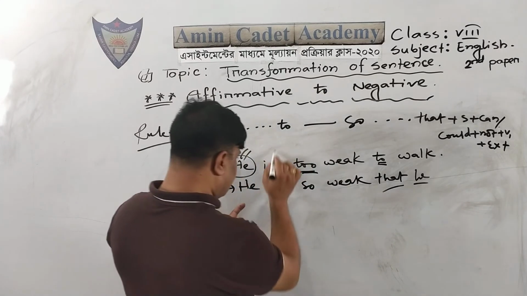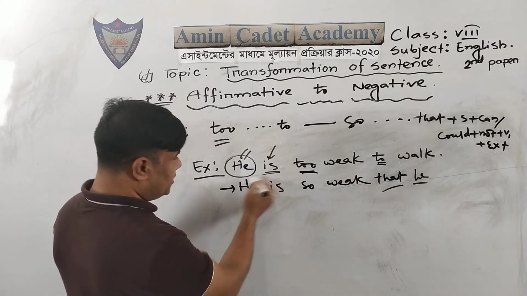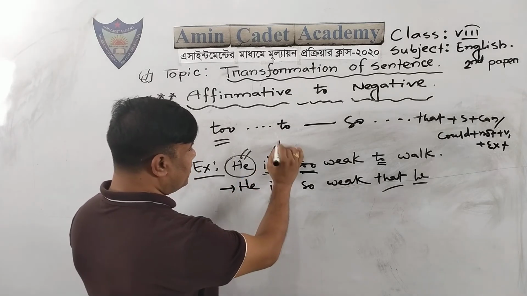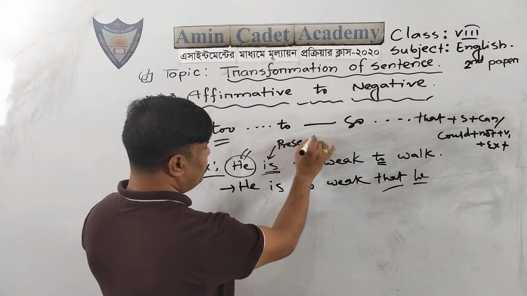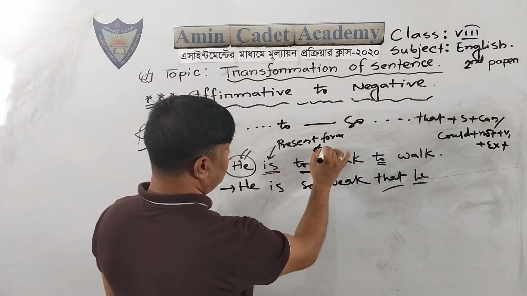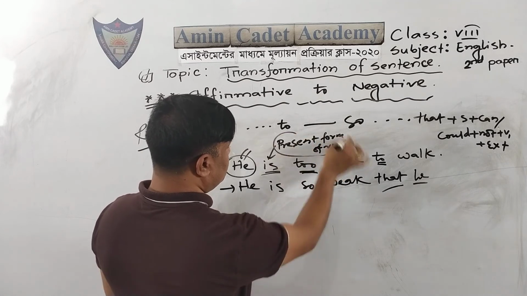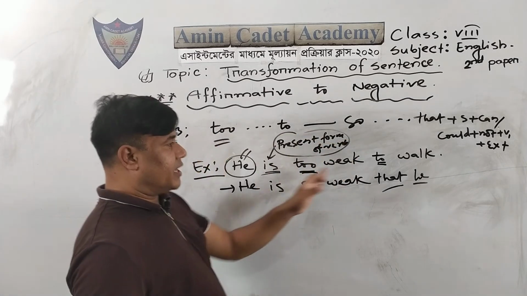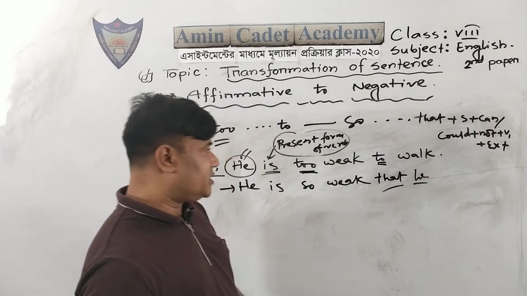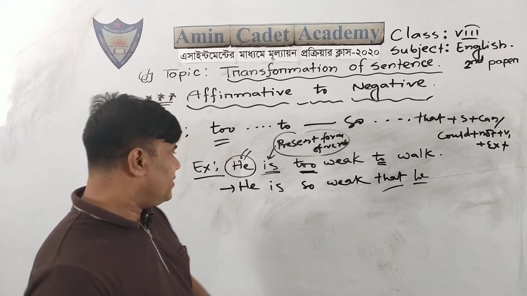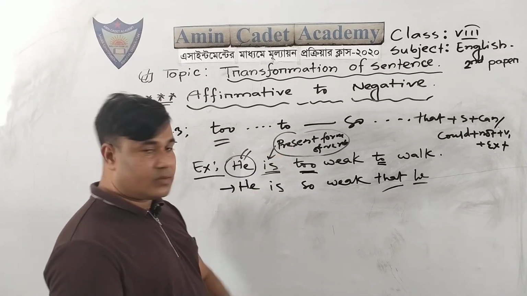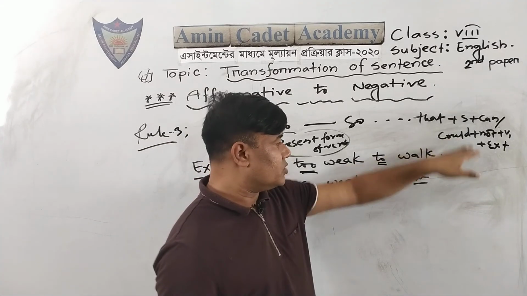Then in the first clause here is, the present form of verb. So you should write can. Here you should write can. But if you find here was or were or any past form of verb, then you should use could here.